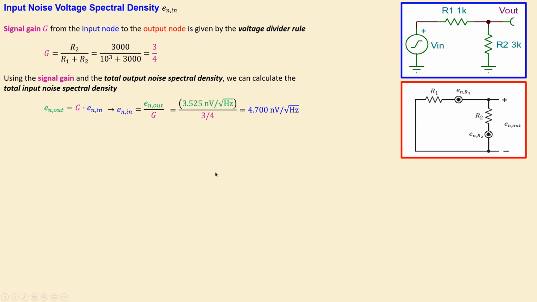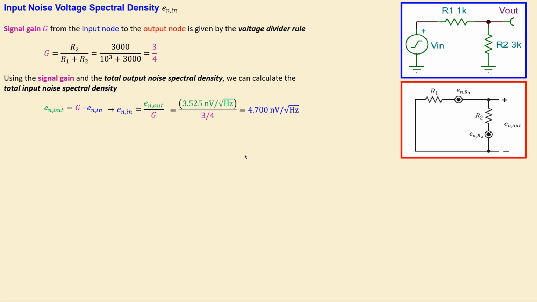Actually, I really need to use the noise gain and not the signal gain for the calculations, but since there is no different noise gain in this example, that will become clear when we also discuss op-amp and transistor noise analysis. Then we'll see that we have a noise gain and a signal gain that don't have to be equal to each other.